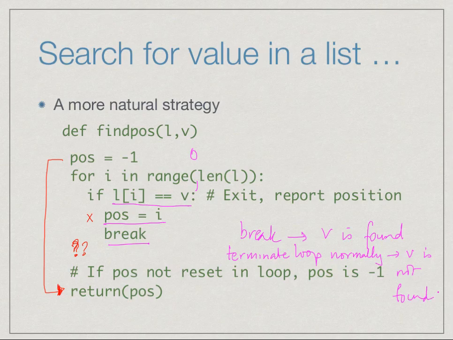Remember, even if v is found at the very last position, we will first break. We will not go back and say that the loop ended. So if we see v at any position from beginning to end, we will execute the break statement. If not, we will not.